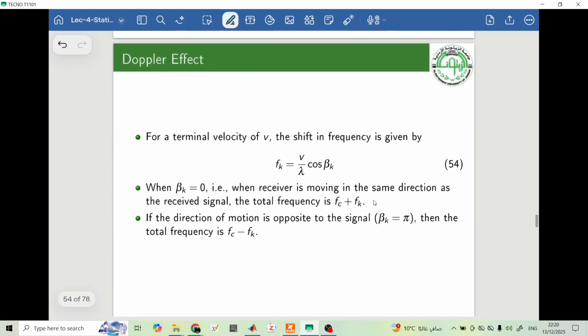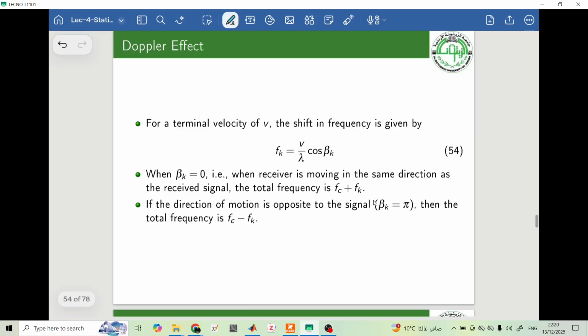So this leads to a frequency shift that is proportional to the velocity, and it depends on the cosine of that angle, and it is inversely proportional to the wavelength, right? So this is the shift, and the total frequency is the center frequency plus that shift.